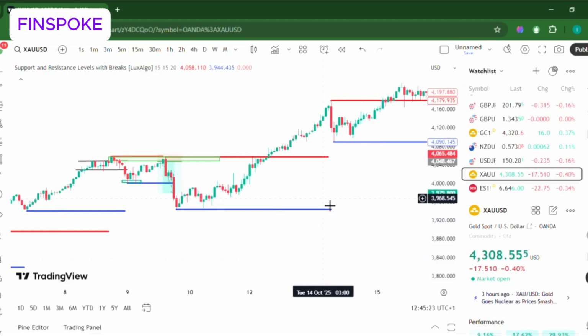What I need is just the support and the resistance, which is showing me using this red line and the blue line. You can also change the colors as you want.